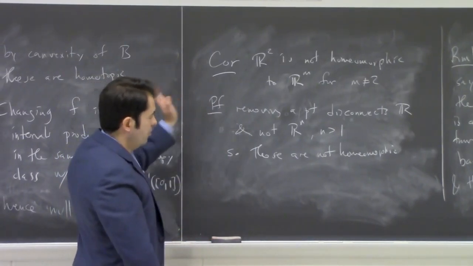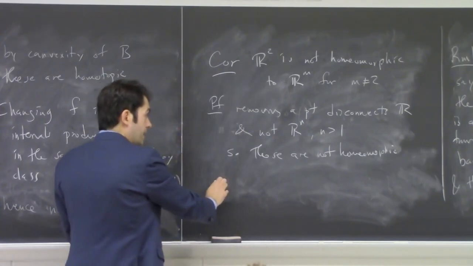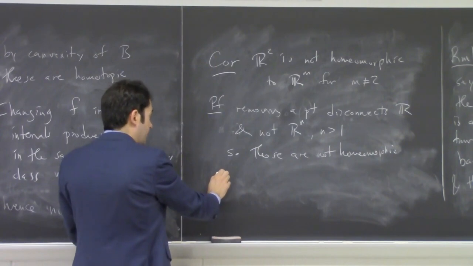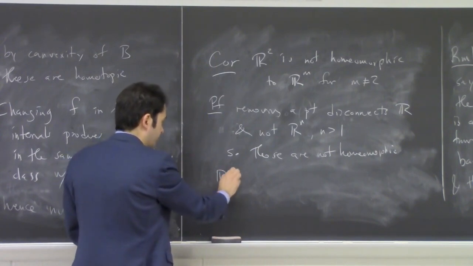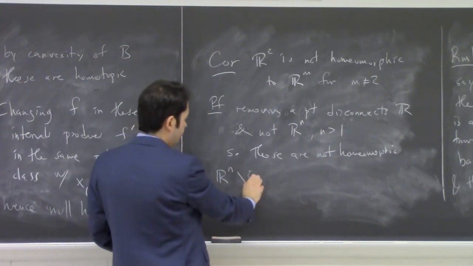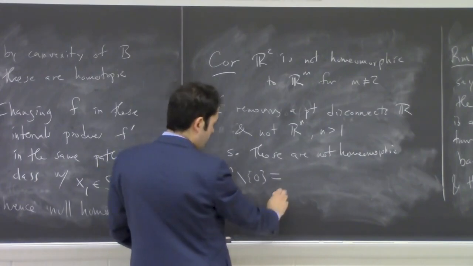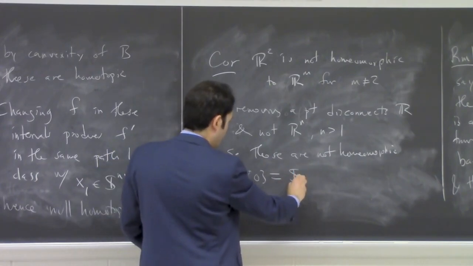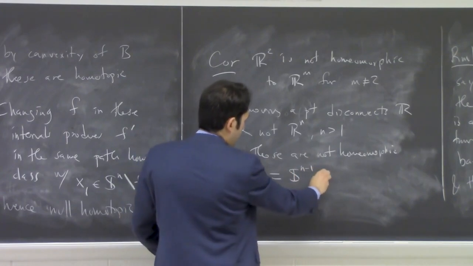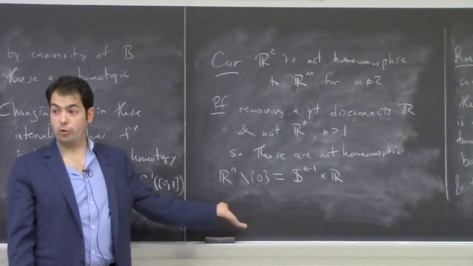OK, so R is not homeomorphic to anything larger, in particular not R2. On the other hand, for R2, well, let's say in general, Rn minus a point, say the origin, is homeomorphic to Sn minus 1 cross R, or R plus if you like. This is just polar coordinates.